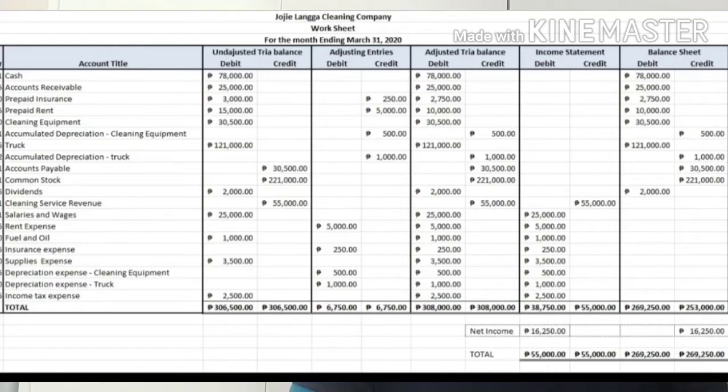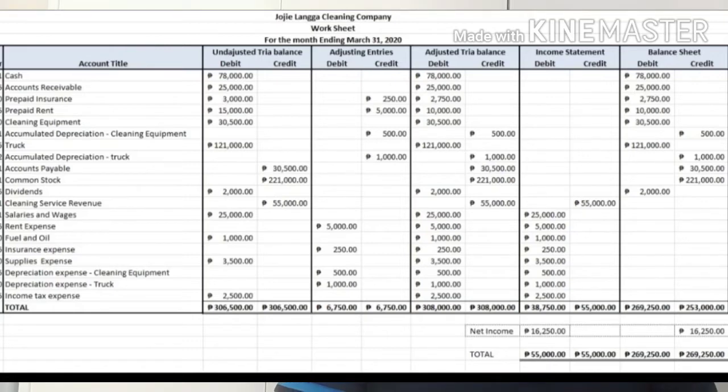Our second adjusting entry is debit depreciation expense, cleaning equipment, 500 and credit accumulated depreciation, cleaning equipment, 500.